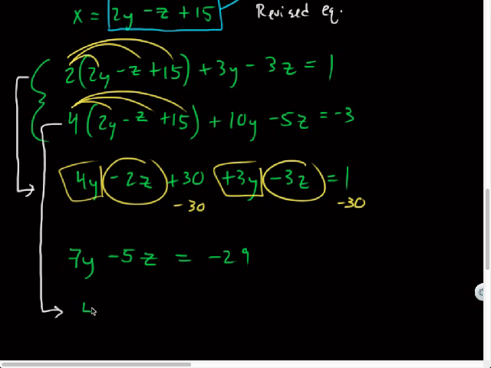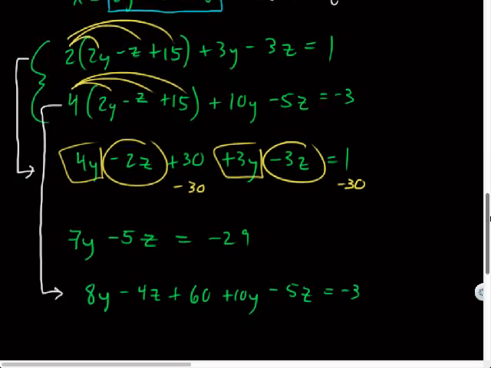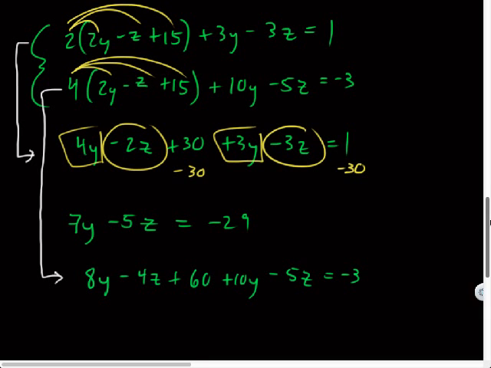So this is, let's see, 4 times 2y is 8y minus 4z plus 4 times 15 is 60 plus 10y minus 5z equals -3. Combine like terms there and move the constant to the other side, right?